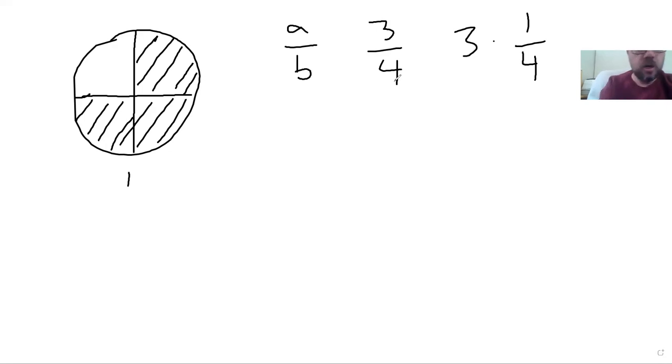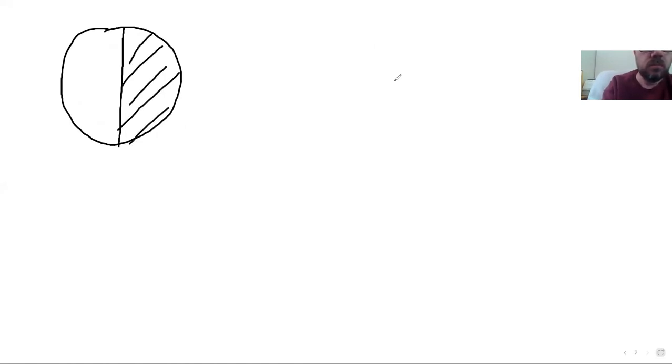Equivalent fractions are two fractions that are the same value, essentially. So there's my whole one, and there's a half. If I want to call that half 2/4, that's the same thing. If I had divided this into fourths, 2 of them is a half, 2/4.